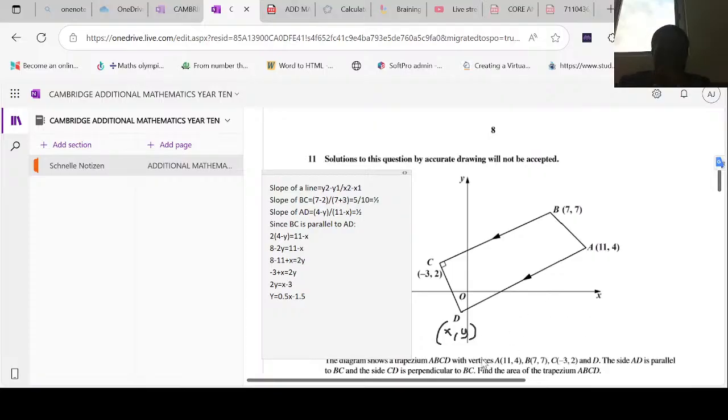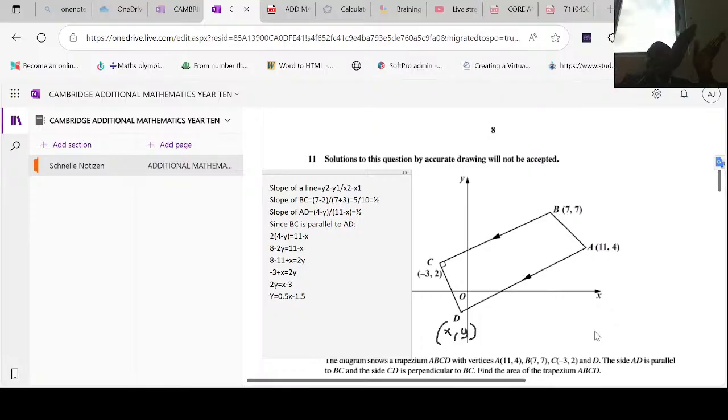Okay, so now we can find the distance between B and C using the distance formula. So let me quickly introduce you to that distance formula. I'm thinking of what we're going to do now.